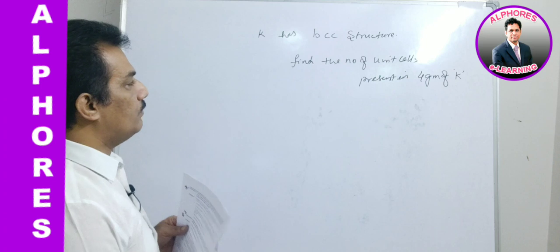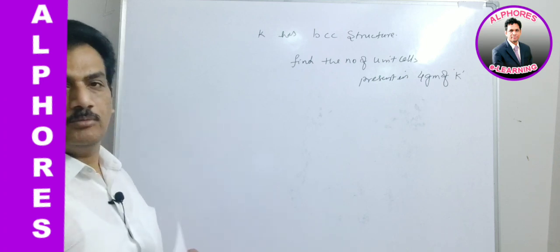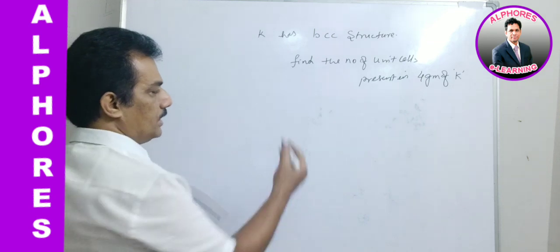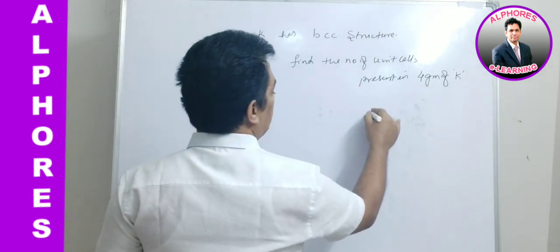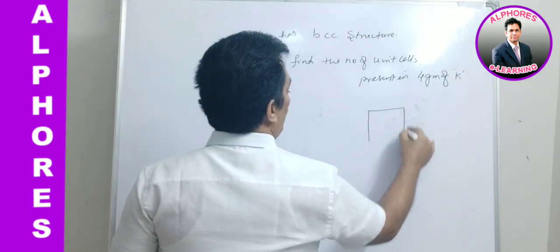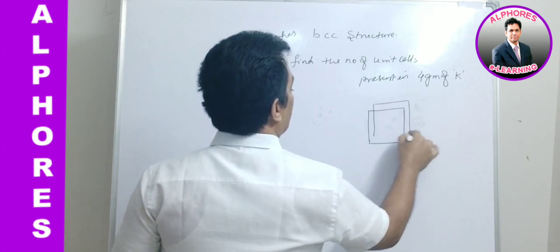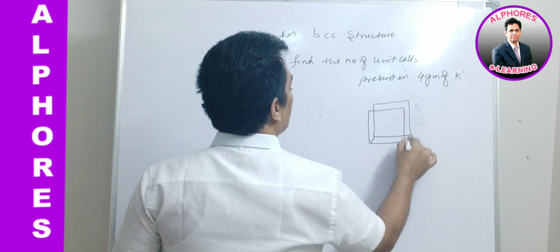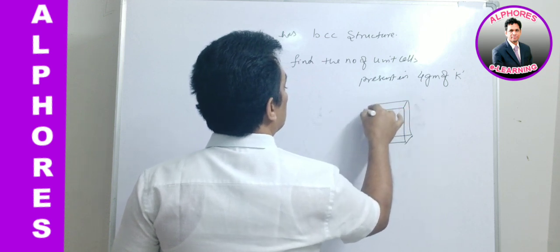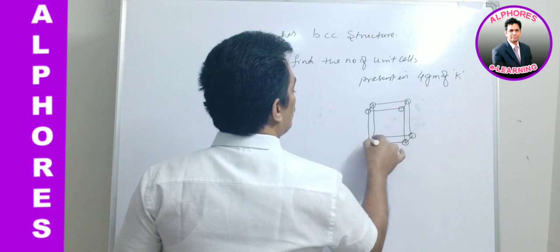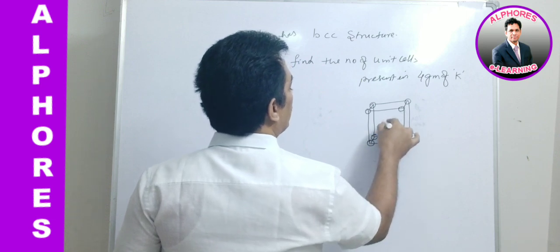Now first of all we have to find how many atoms per unit cell in BCC structure. Let us recollect that concept related to BCC. Body centered cubic means the atoms are occupying the corners, and in addition to corners, they are also present at the center of the body.